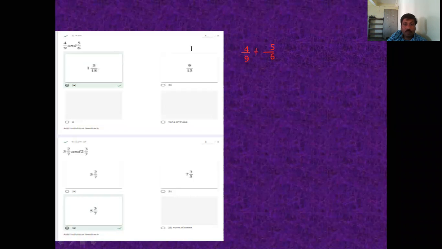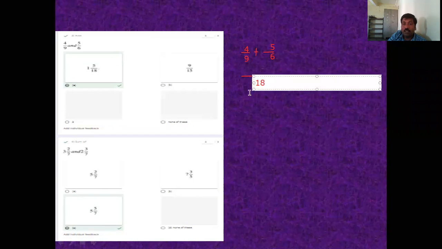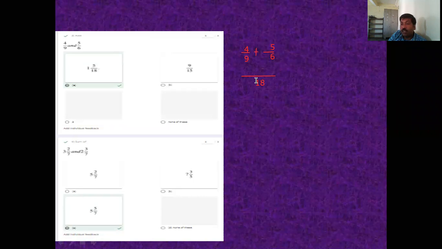In this way, we write 9 and 6. Write the LCM of 9 and 6. The LCM of 9 and 6 is 18. 18 divided by 9, the quotient becomes 2.